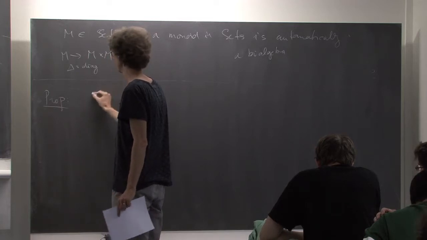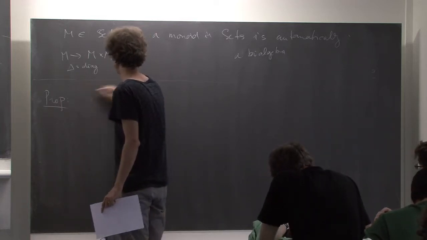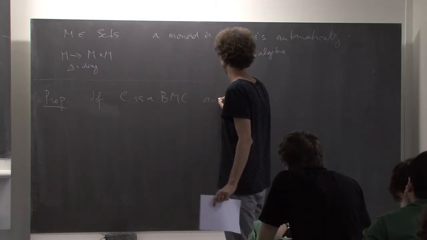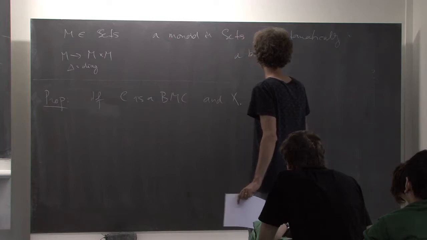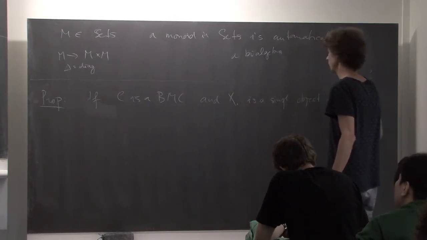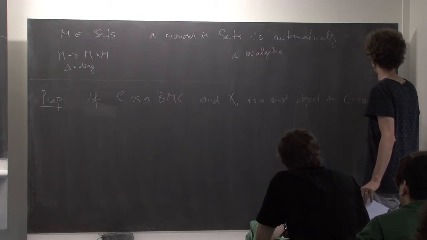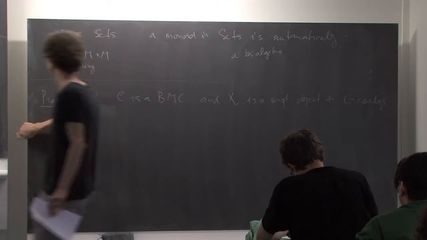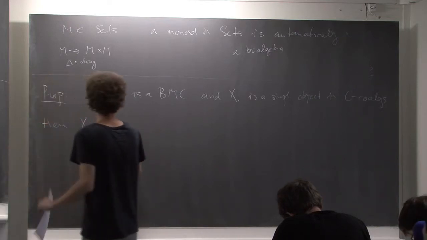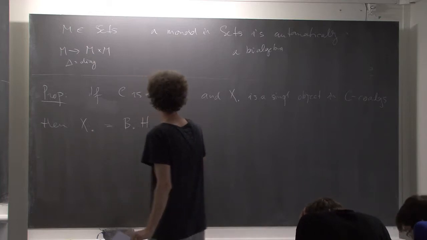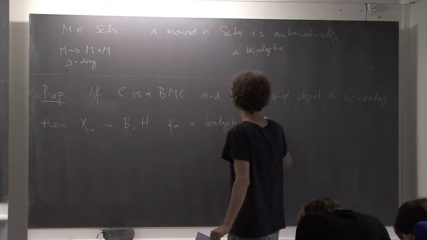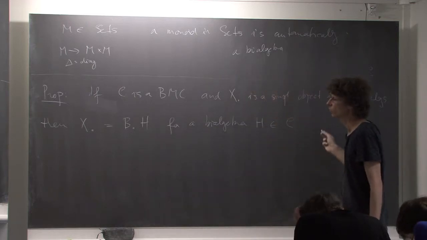So the proposition would say that if C is a BMC, and X is a simplicial coalgebra in C, so a simplicial object in the monoidal category C of coalgebras, then this thing is B of H for some bialgebra H in C, if and only if.